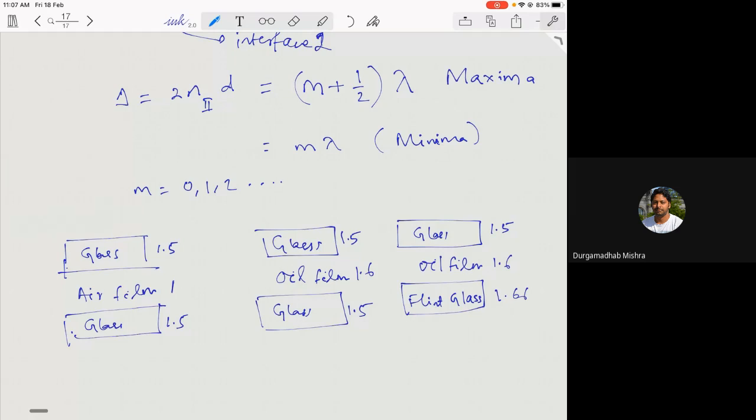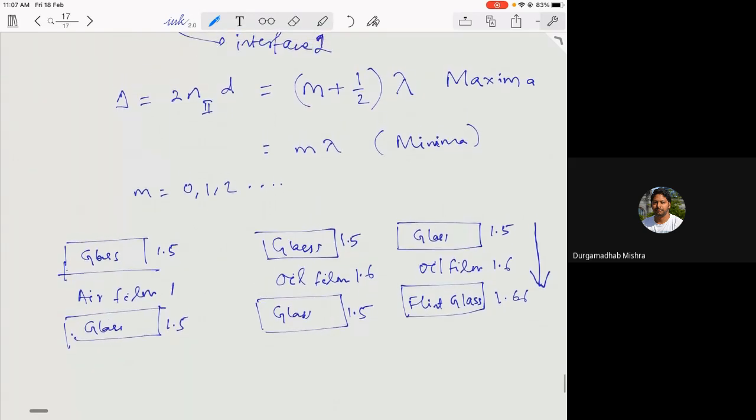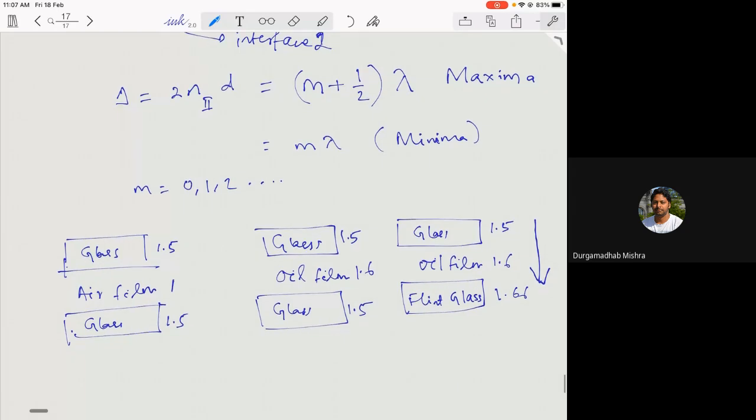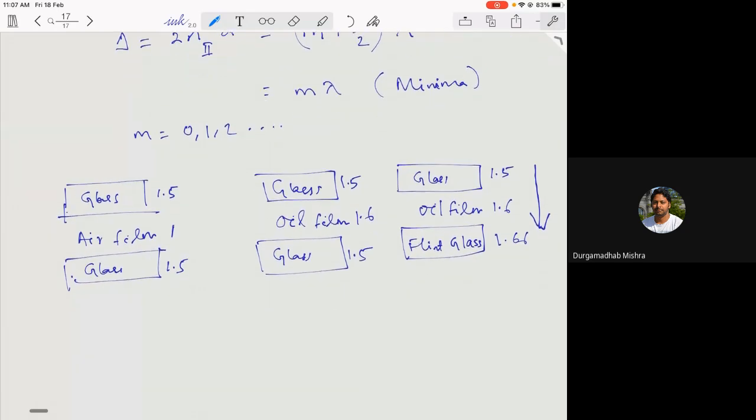That means when you are looking at it, the refractive index is basically increasing in this direction. So what would happen to this condition for interference for these films? Any answer you have?